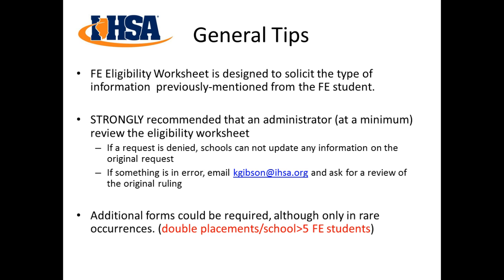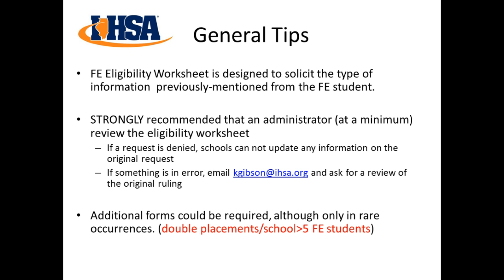Generally, the only form that a school is going to have to submit to get an eligibility ruling is the online request form that can be found in the school center. However, in a couple of unique situations, additional forms may be requested. The two situations that occasionally occur that require additional documents to be sent to the IHSA office occur when a double placement occurs, which is a situation where one family will be hosting 2 students, or if a school accepts more than 5 students in a given year.